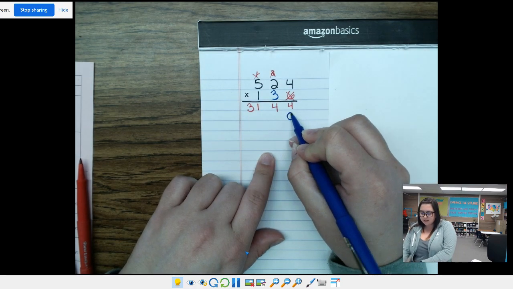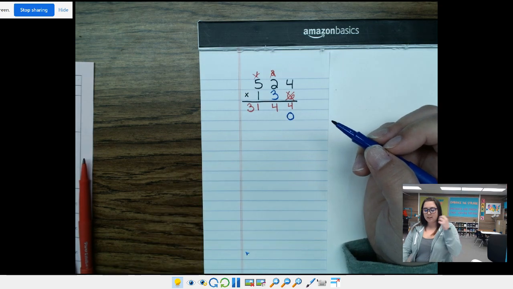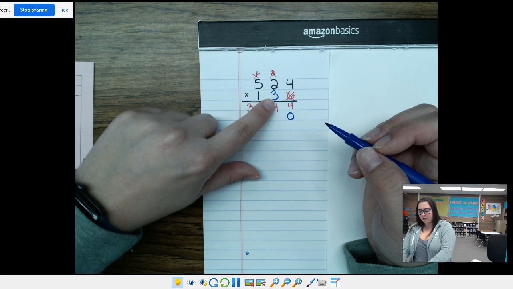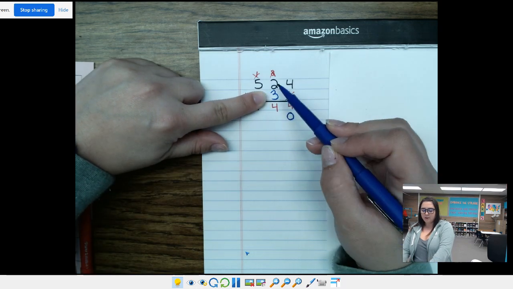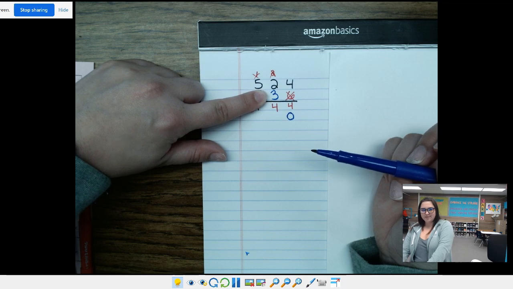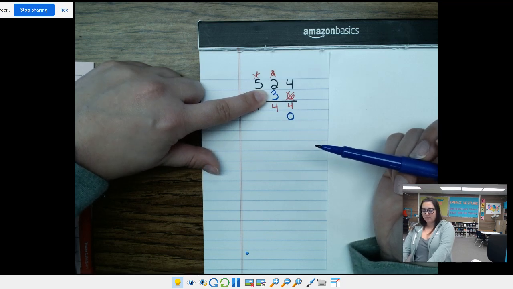Let's add 0 first. So now I can just pretend it's a 3. And remember, we need to multiply that 3 now times 524. I don't know what that is off the top of my head, so one digit at a time.